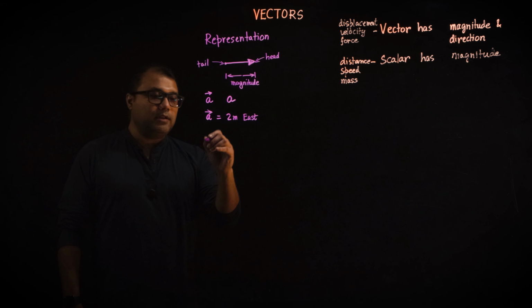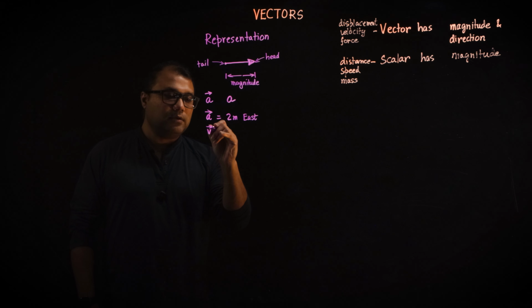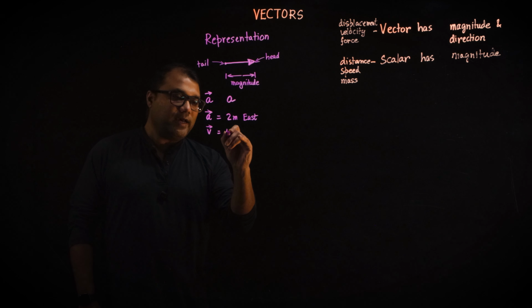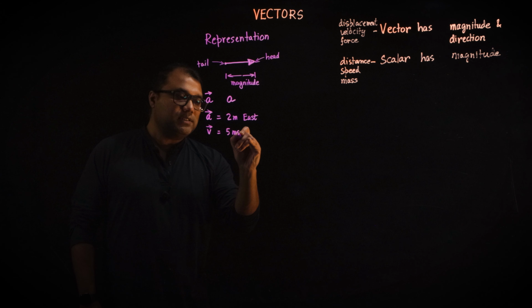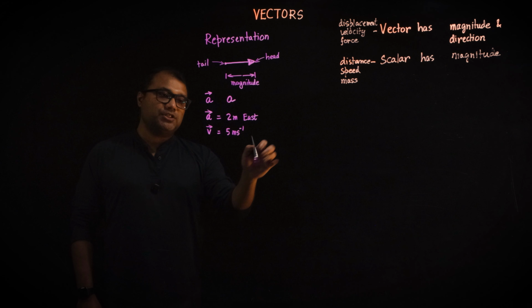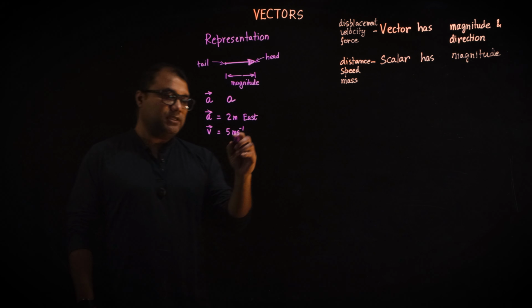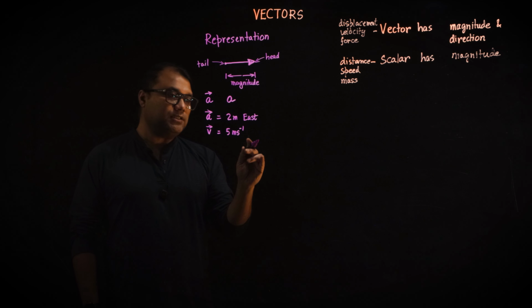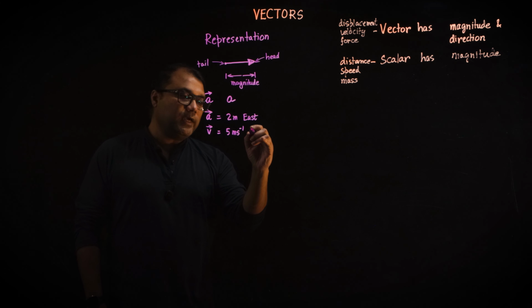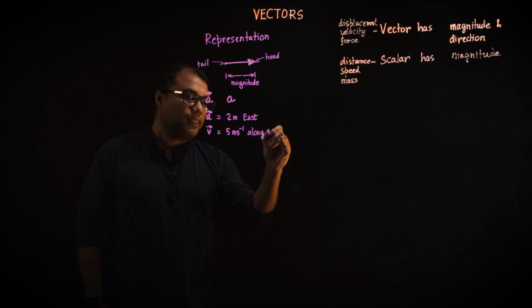Similarly, let's say velocity is represented by this v with the arrow on top. We say it's 5 meters per second, but I do not say which direction it is, then it is not the correct representation. We'll always have to add the direction. Either we say east, west, north, south, or we can say along the x direction or along the y direction.